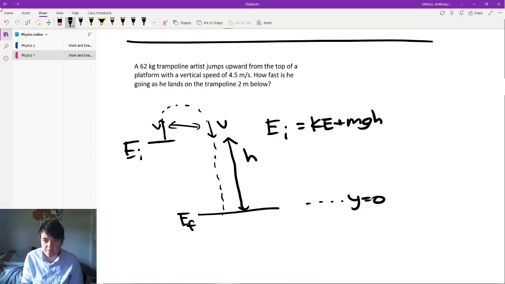And then when he comes down here, let's call that KE initial. Down here, he's going to hit the 0 point. We're going to say E final equals KE final. Okay? Because these will not be the same kinetic energies. We want to know that final speed.